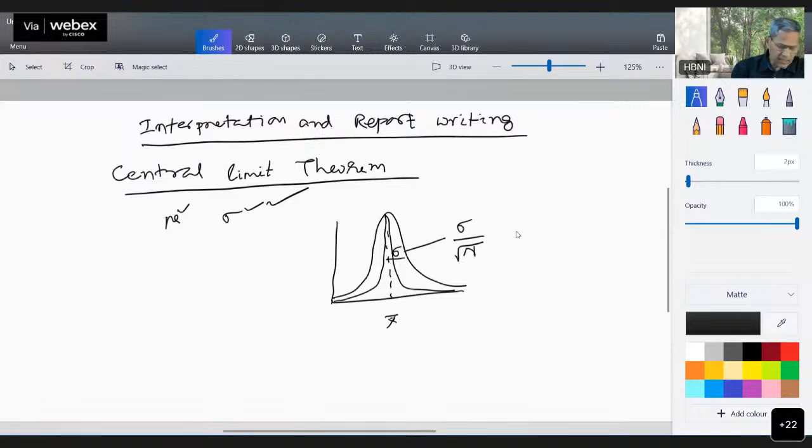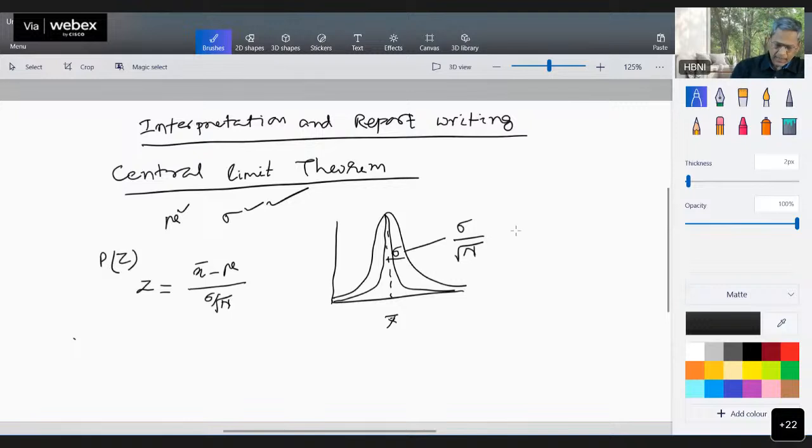Subsequently, we wrote it in terms of the standard normal distribution. That means you did a transformation and plotted this in terms of the probability of Z. For that, Z is equal to X average minus mu, where mu is the population mean and X average is the sample mean, divided by sigma by root n.